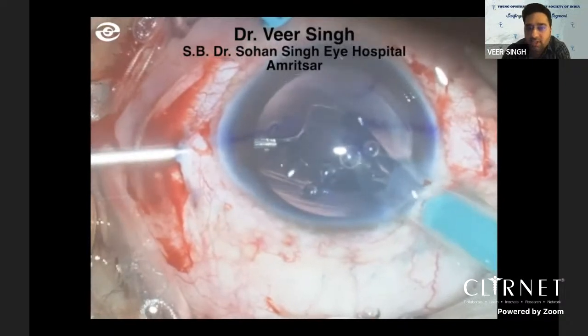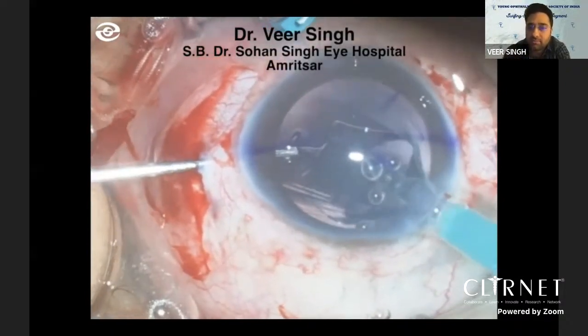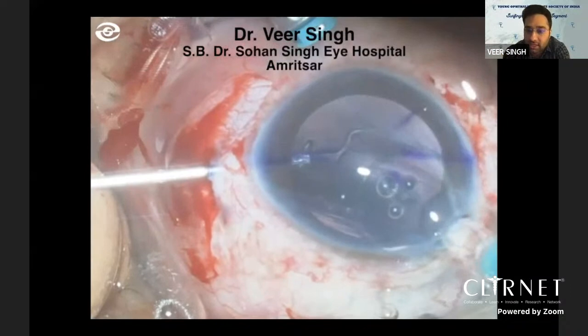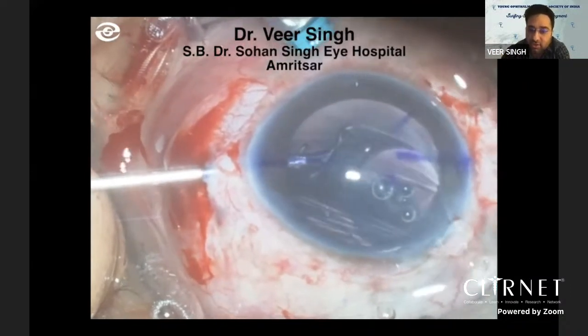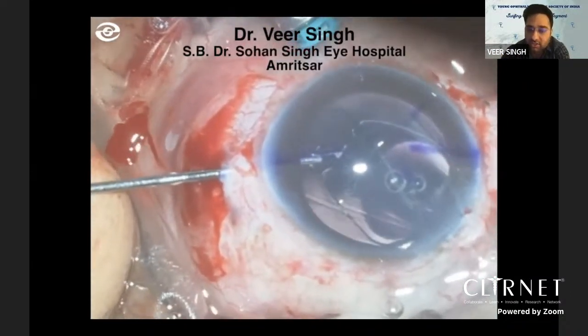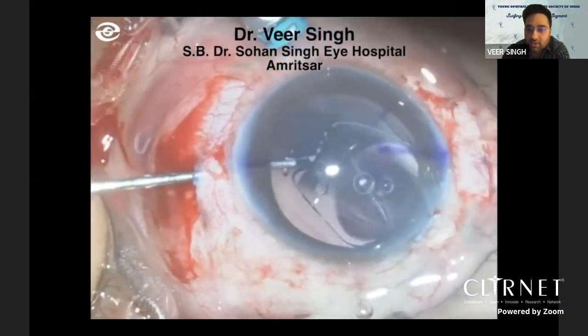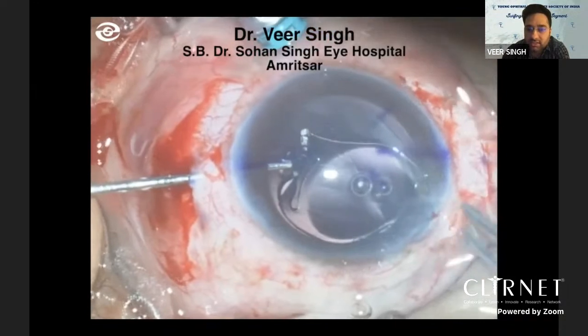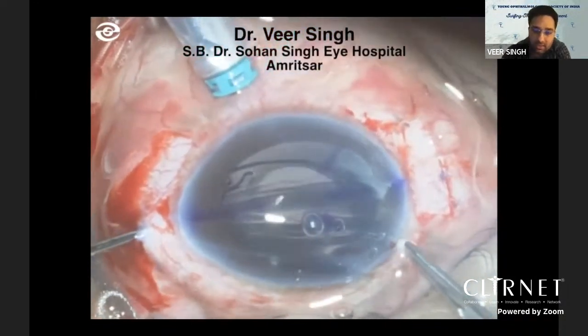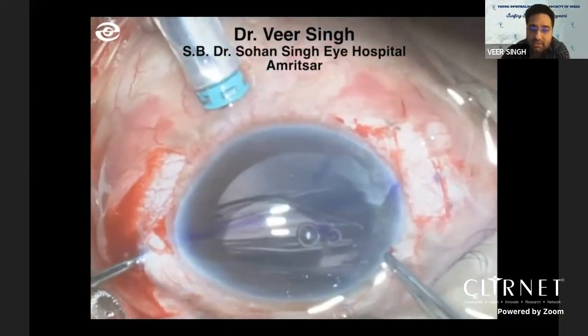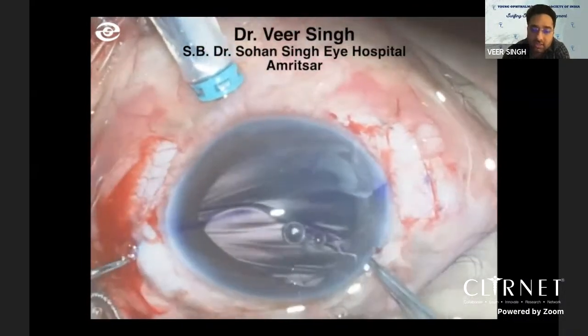Important is not to pull the IOL till the time the entire IOL is injected. Here you see the last part of the IOL is still stuck in the corneal incision. So I'll push that in first. And once I push that in, it's injected. The leading haptic is externalized while holding the trailing haptic.